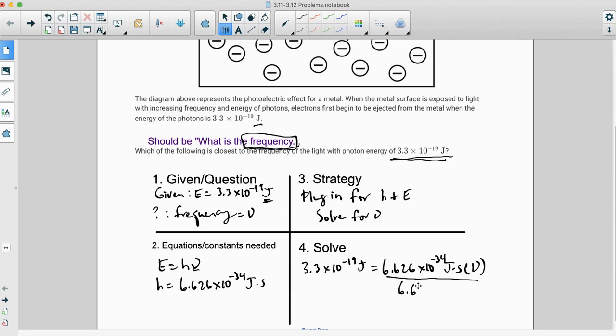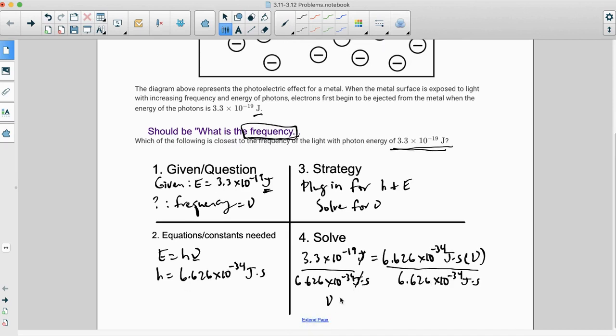So I need to get that by itself by dividing both sides by Planck's constant. All right, so then I can solve here for frequency, and my answer is 5.0 times 10 to the 14th 1 over seconds for my frequency. Or I could have put that as seconds to the minus 1, or I could have called that hertz. So that's my answer. Always good to circle your answer.